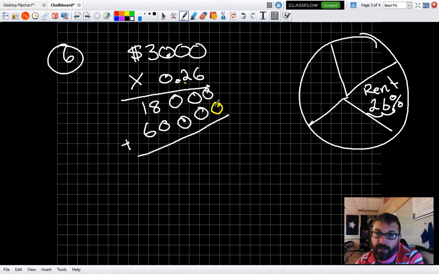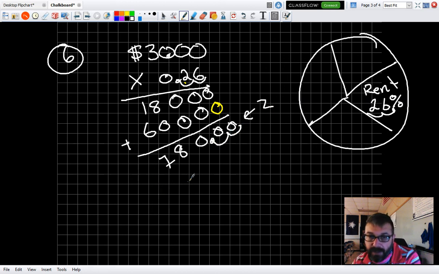And I add zeros, zeros, zeros, 8, and 1 plus 6 is 7. Remember, 2 digits, you got to give them back. 1, 2. So how much money does she spend on rent every month? Every month, Nora spends $780 on rent.